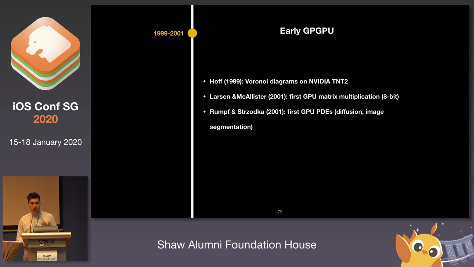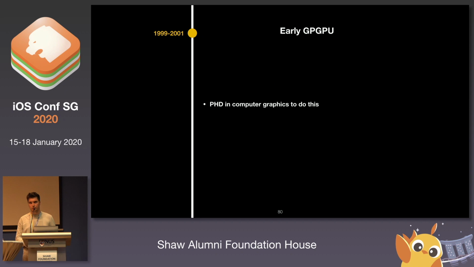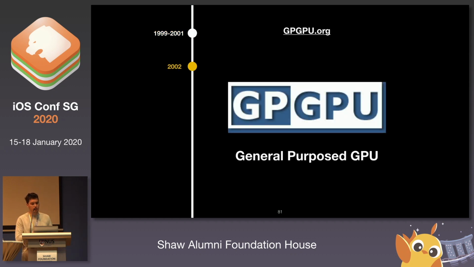The early GPGPU days started similarly, when the first programmable GPUs were released. It was done by PhD people who were doing computer graphics as their primary research. And it was a funny time, because financial companies hired game developers to implement very fast solutions for their problems. The term GPGPU originated in 2002, when GPGPU.org was released.